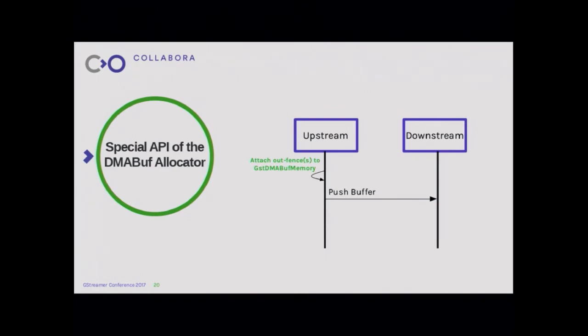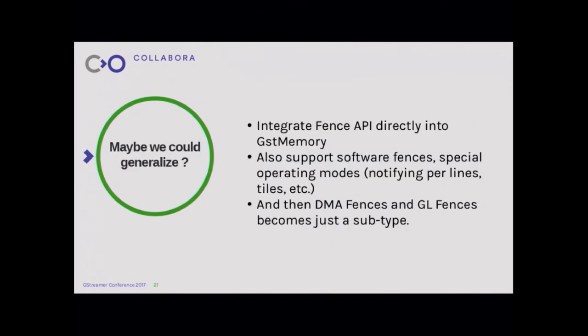So we could start to add special API in the DMA buff allocator, or we could even go further and start adding special API in the memory allocator, and then really have a meta that represents a different way of exchanging buffers. So the buffers is just a container, and then there's an extra signaling for the rest. So that's it.